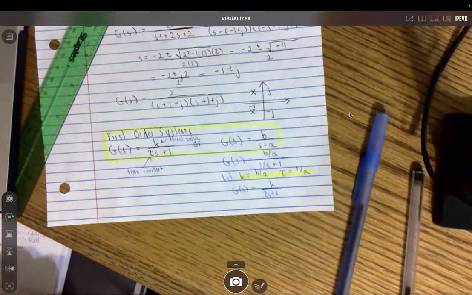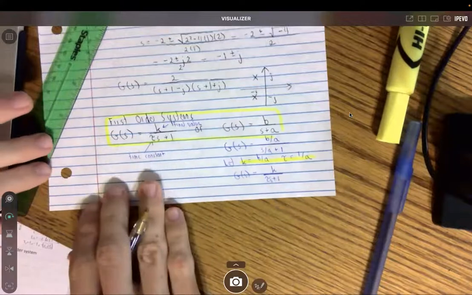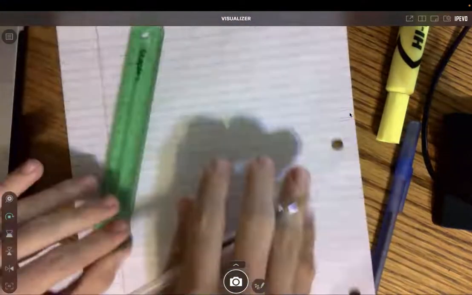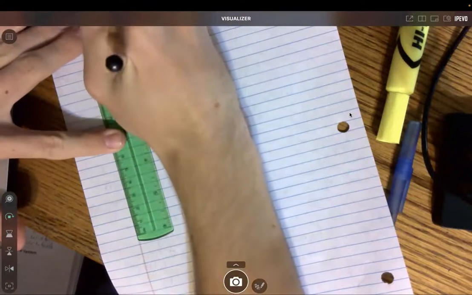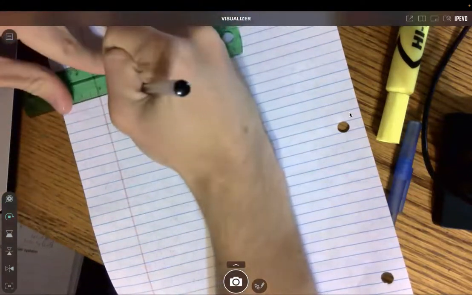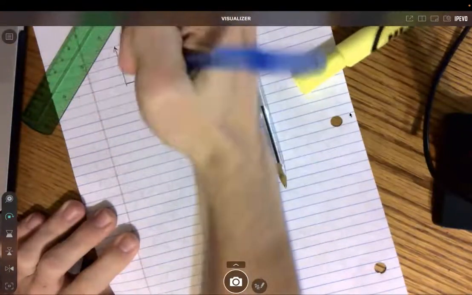Now that we saw that, we're going to go over a few definitions with first order systems. When we have a first order system, the unit step response is given as follows. It goes upwards like this.